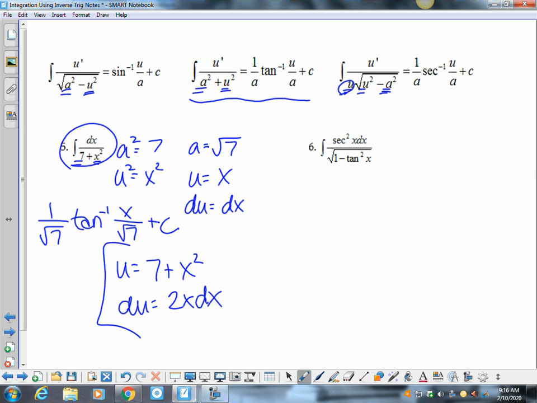Okay, looking at number 6. I see the root, I see the stuff underneath. So what's A? Sorry, A squared. What's U squared? So what's A? So what's U? Okay, now what's du? What is the derivative of tangent?